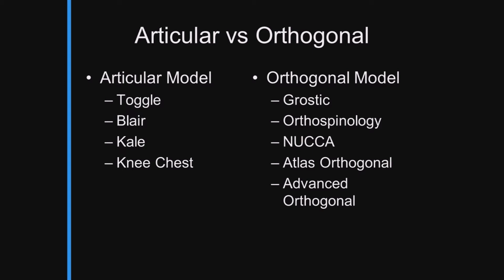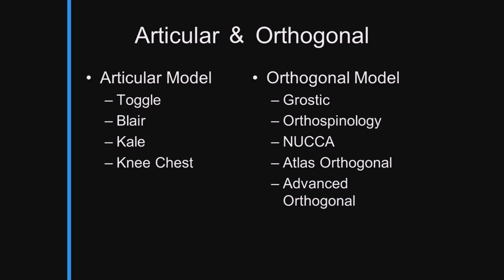Then you have the orthogonal model, which is based upon the Grostic work, and that branched out into orthospinology and NUCA, Atlas orthogonal, and advanced orthogonal. It's often thought that the articular model is in opposition to the orthogonal model and vice versa, but in reality they're both just looking at the upper neck in ways to try to help the patient, and they recognize there's a uniqueness and a specialization that is required to fix the upper neck.